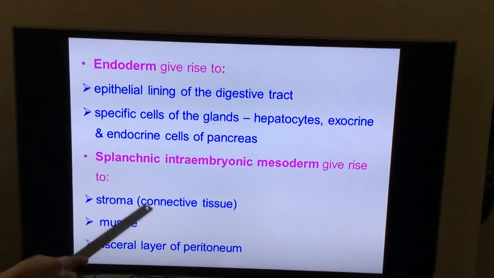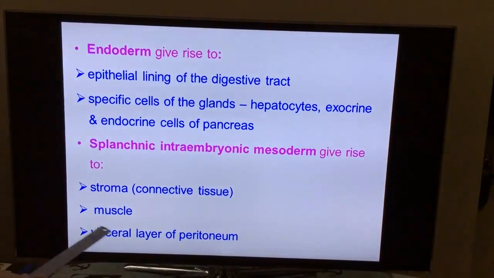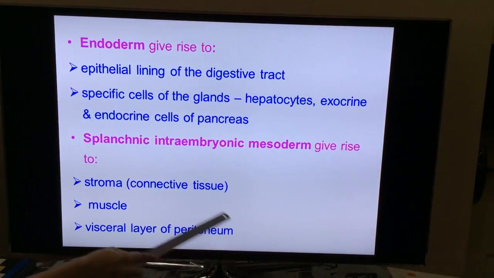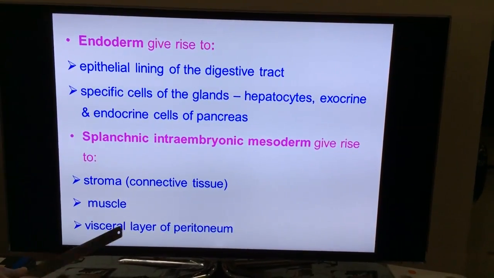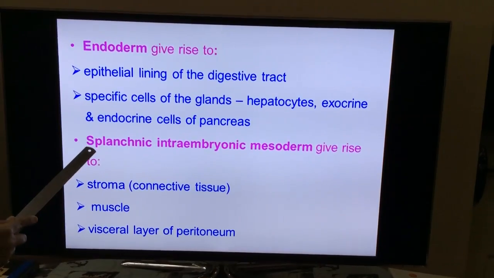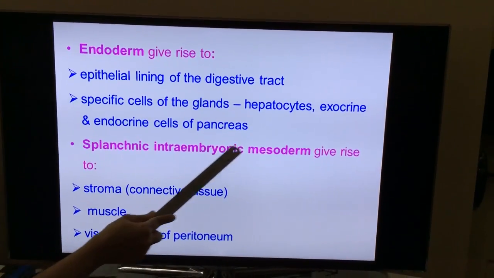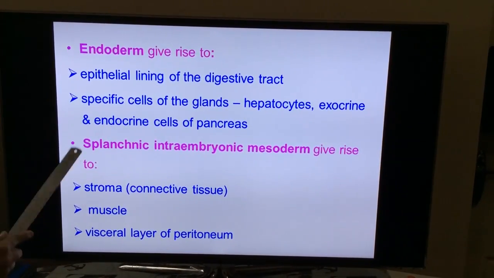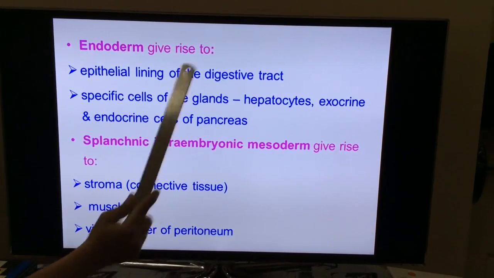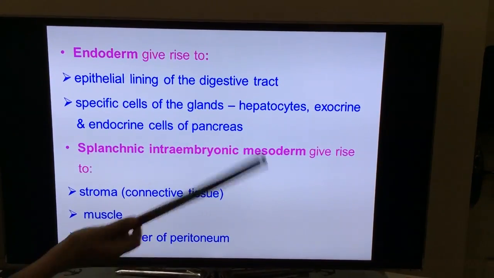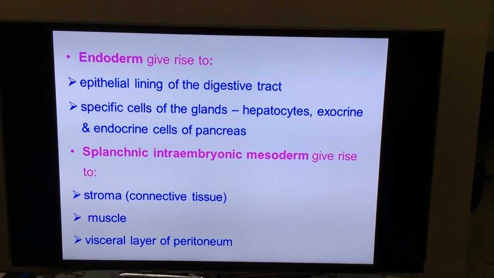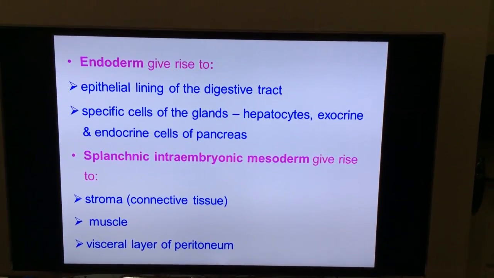Then the rest, which includes the connective tissue, the muscle layer and a layer of peritoneum, are contributed from the splanchnic intraembryonic mesoderm. You know what splanchnic intraembryonic mesoderm is, which I explained in my earlier video on development of the respiratory system.